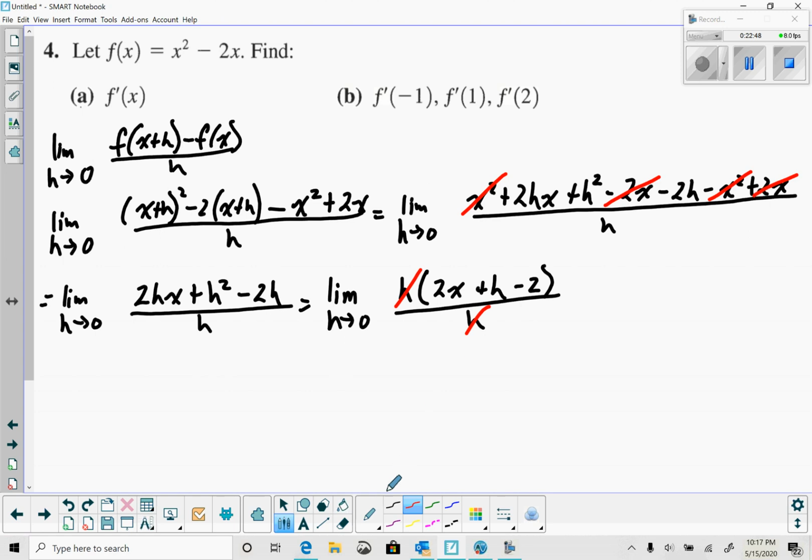And then I can reduce that down and say the limit as h approaches 0 of 2x plus h minus 2. I'm no longer in danger of having a denominator of 0. I can do direct substitution here and say that this is 2x minus 2 as the formula for my first derivative.